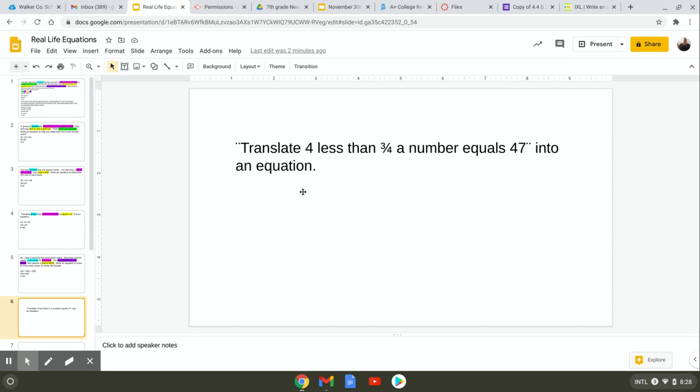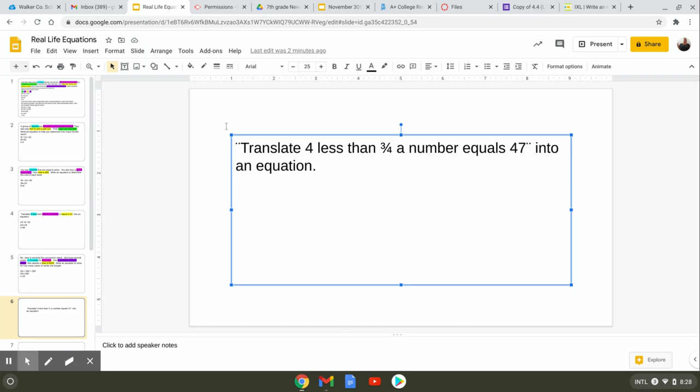Okay, so 4 less than 3/4 a number. So we know what 3/4 is.